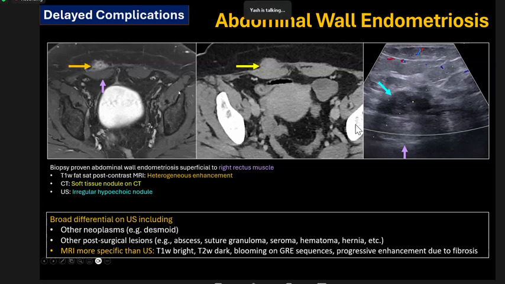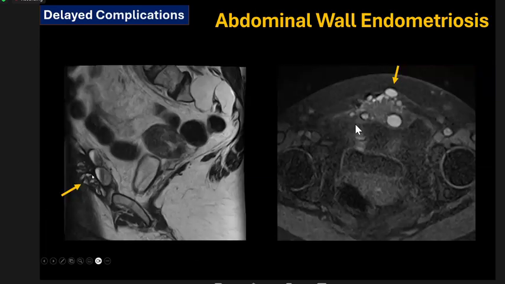And ultimately, if T1 hyperintensity is not seen, then we might have to resort to doing a biopsy or something. So in this patient, we saw fluid levels and they were T1 really, really bright.